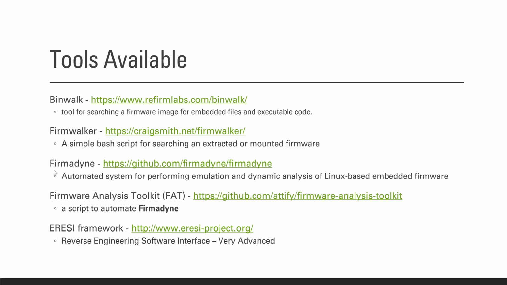Firmadyne is a little difficult to get installed and to use, so I ran across something called FAT, or Firmware Analysis Toolkit, which is really just a script to automate Firmadyne, and it will make your life much easier. So we'll utilize this in the lab. And then there's one other one here, which is known as the ERESI framework.